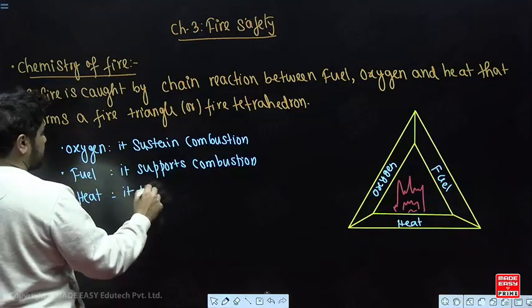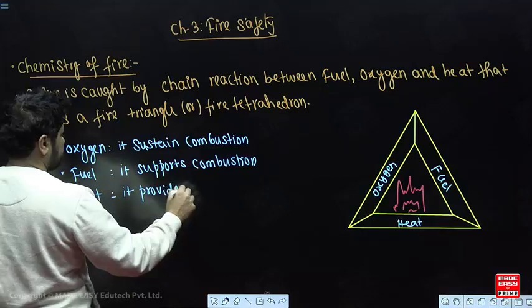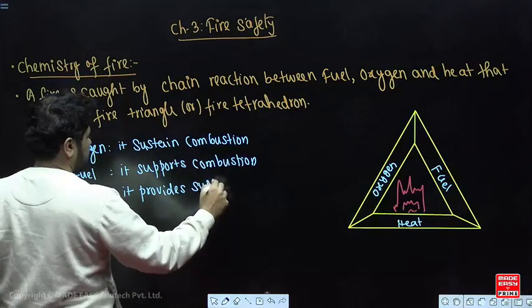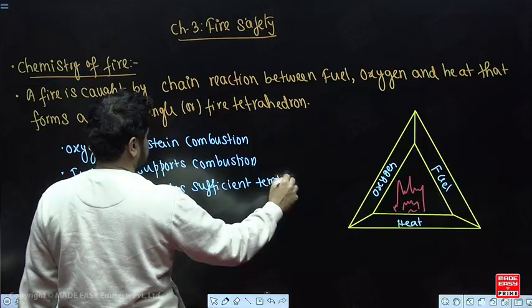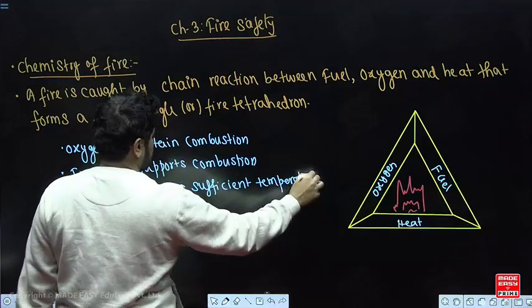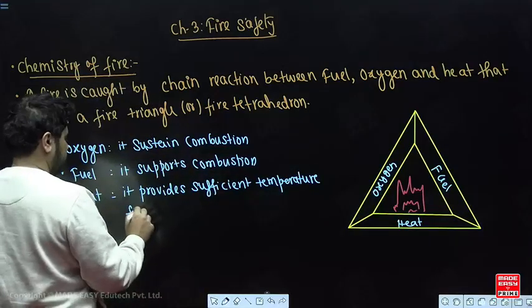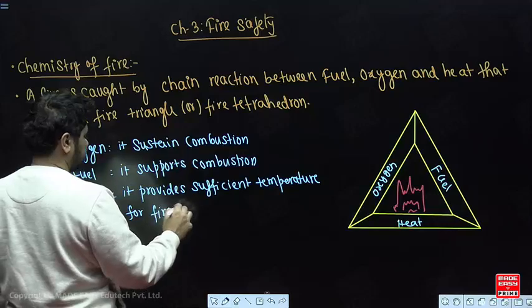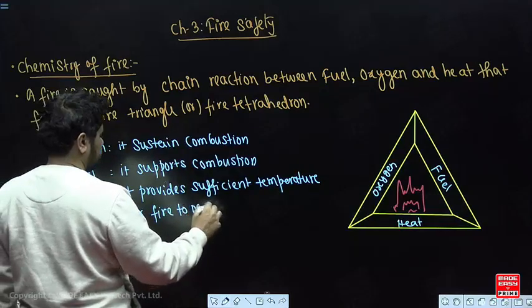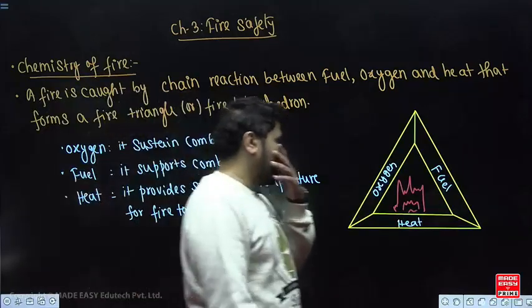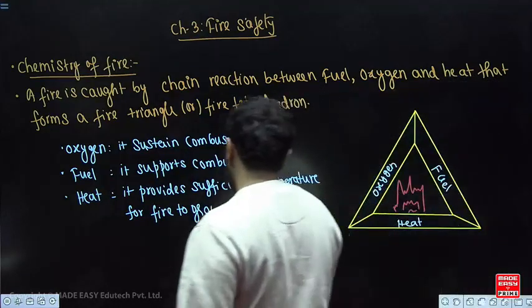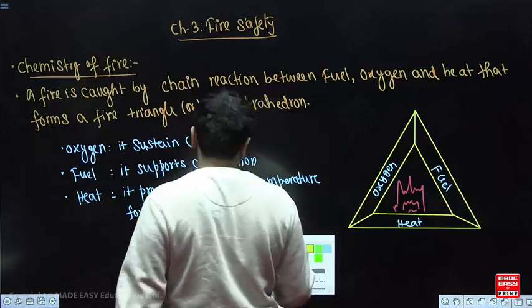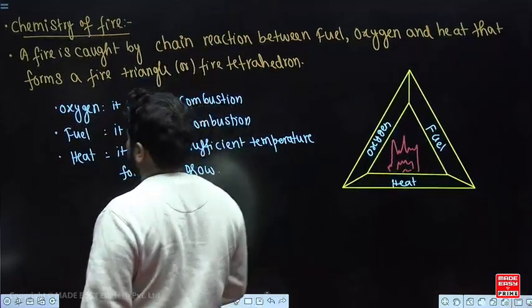It provides sufficient temperature for fire to grow, है ना. So this is called as fire triangle या fire tetrahedron भी कहते हैं इसको. So it is sometimes called as fire triangle, sometimes it is called as fire tetrahedron, correct.